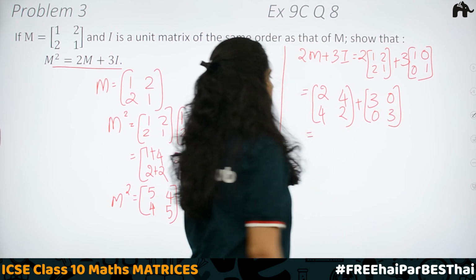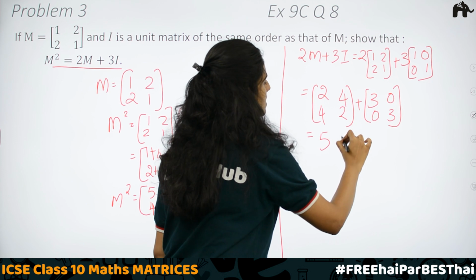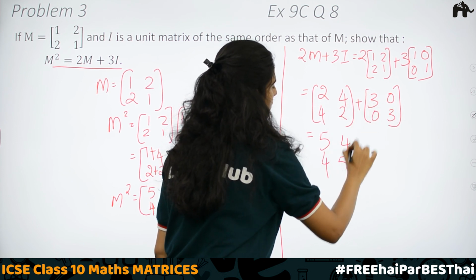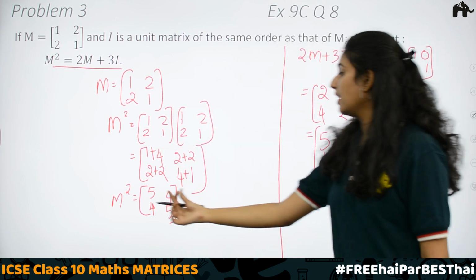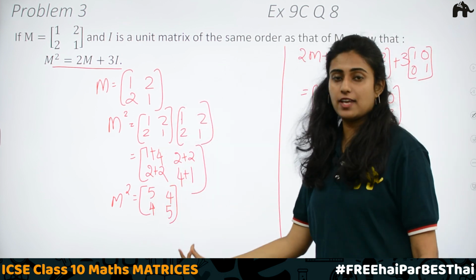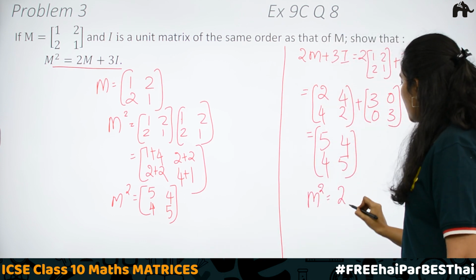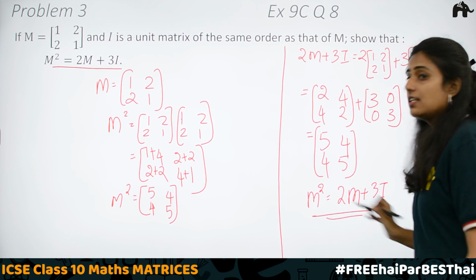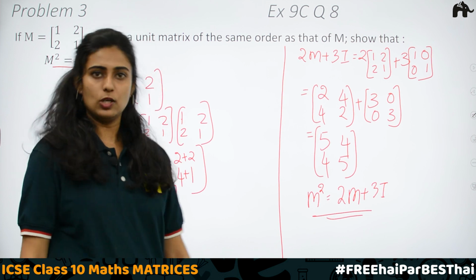Now adding them, 2 plus 3, 5, 4 plus 0, 4, 4 plus 0, 4, 2 plus 3 again 5. 5, 4, 4, 5. Here again we have 5, 4, 4, 5, which means M square is equal to 2M plus 3I. We proved that LHS and RHS matrices are equal.